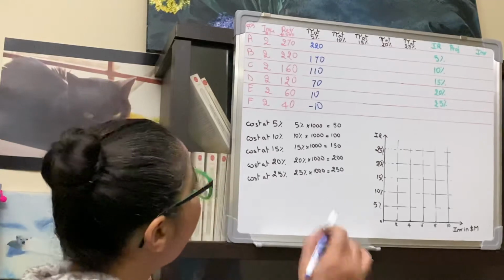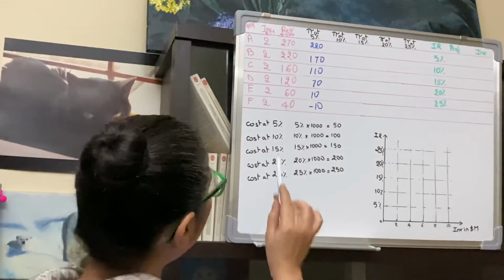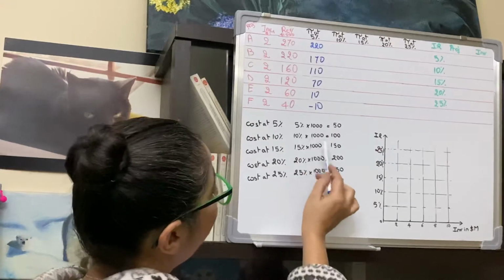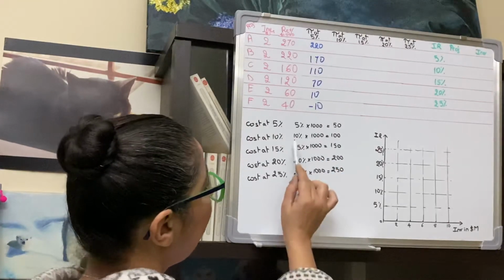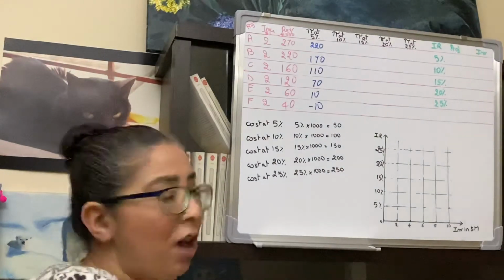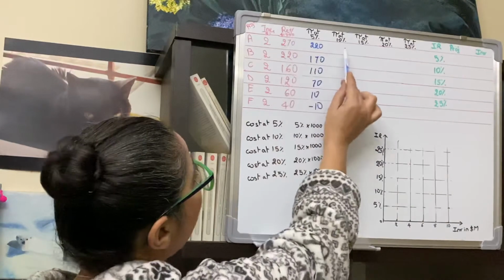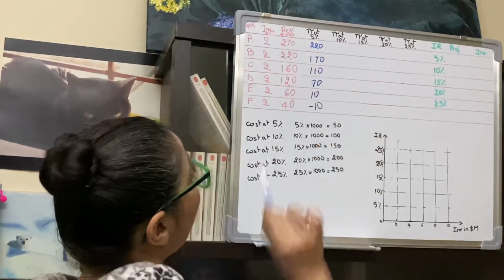Now, if my interest rate is 10%, so how much am I gonna pay for each $1,000? It's gonna be 10% times $1,000. It's gonna give me $100, okay? So now I'm gonna take the revenue minus $100 and write the result.